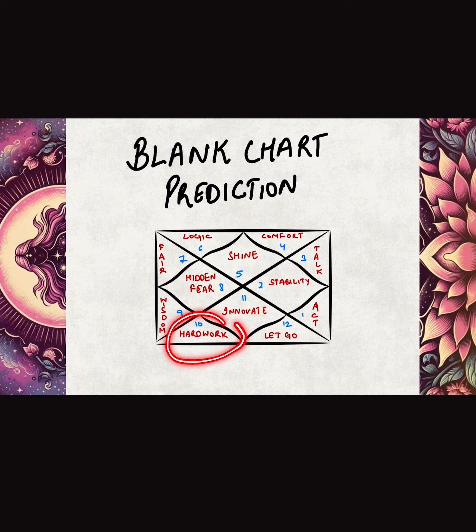Okay, then we move on to the sixth house. Now, here, Capricorn is here. Wherever Capricorn sits, you need to work hard with respect to that house. Here, Capricorn is sitting in the sixth house. Sixth house relates to your work life and also to service. So in your work life, you need to work really hard.